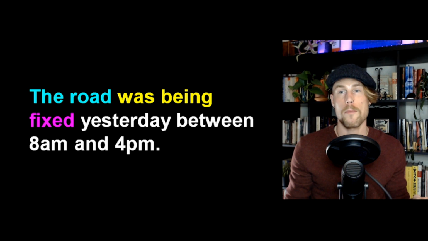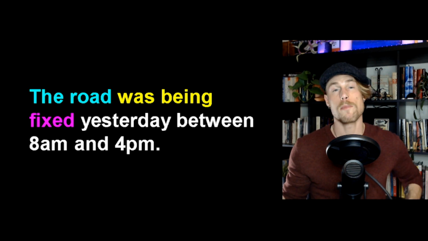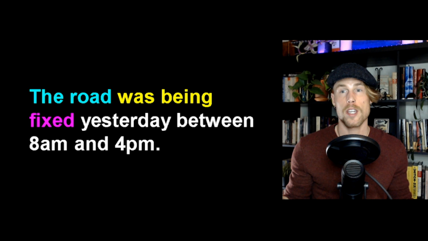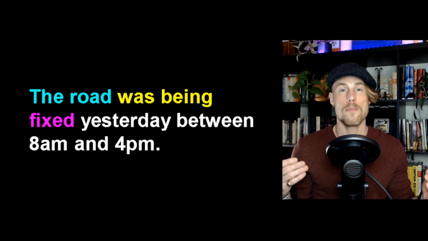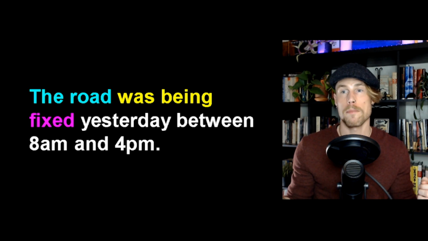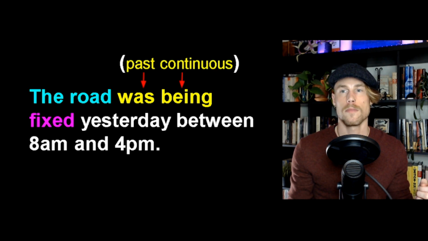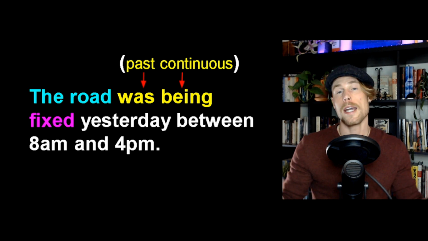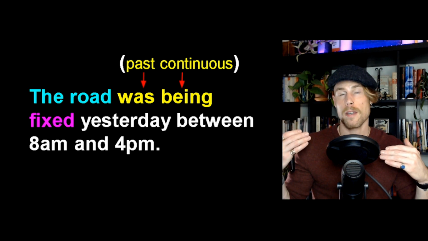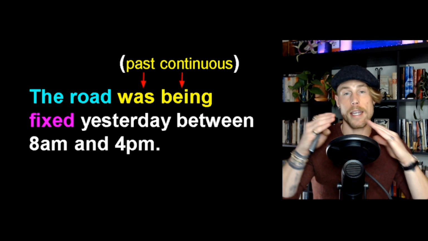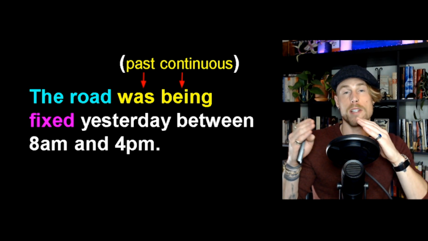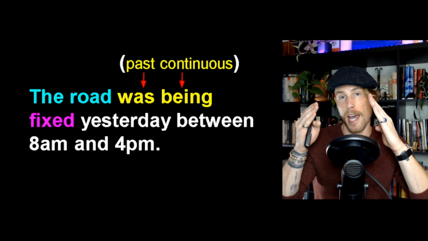For example, the road was being fixed yesterday between 8 a.m. and 4 p.m. Past continuous. So, in the past and happening in the past between 8 a.m. and 4 p.m. yesterday.